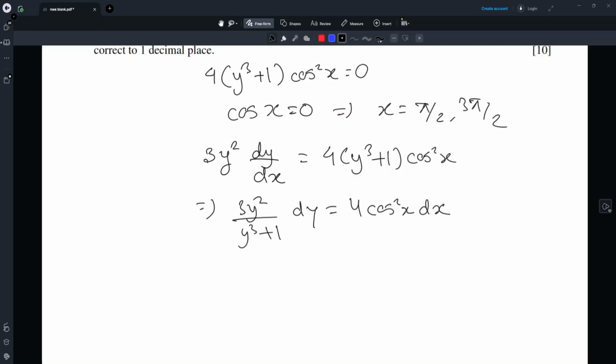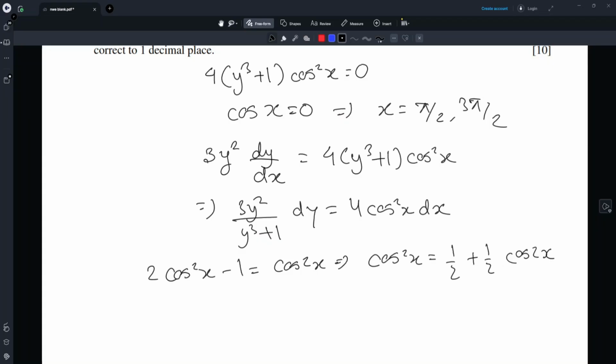First, I have to find out this thing here. If you know the identity 2cos²x − 1 equals cos 2x, then it means that cos²x equals half plus half cos 2x. So this is exactly the same as 2 + 2cos 2x dx.